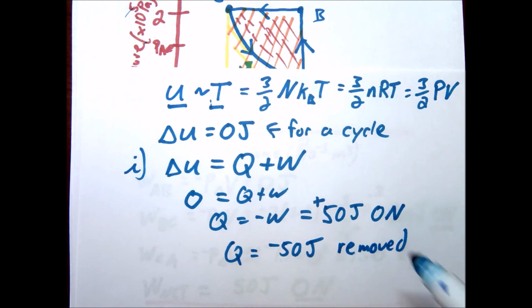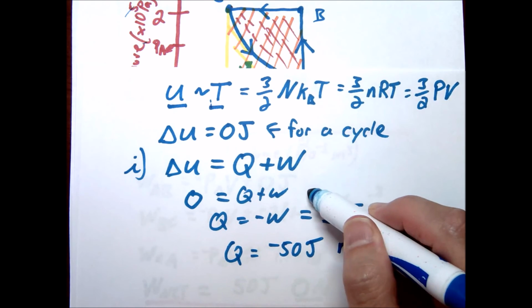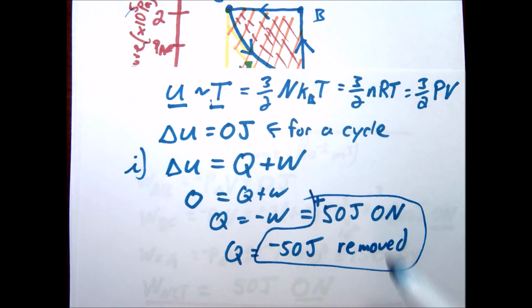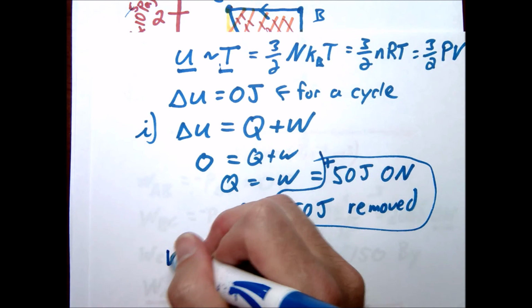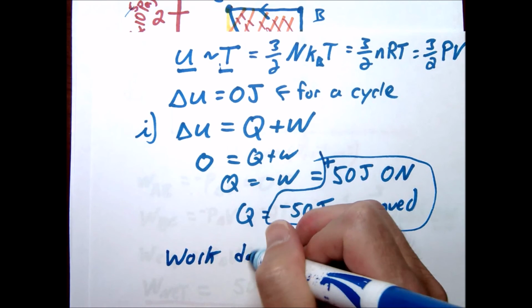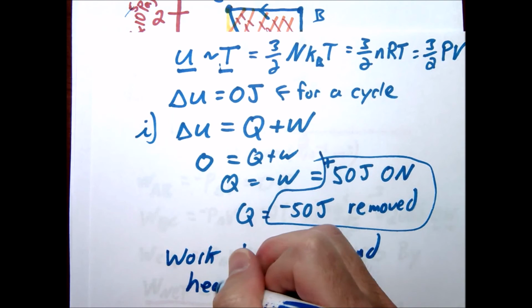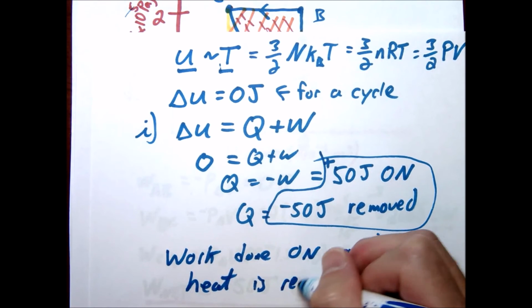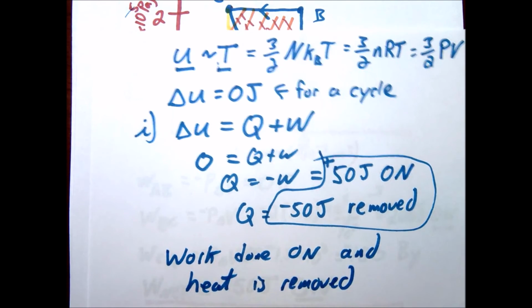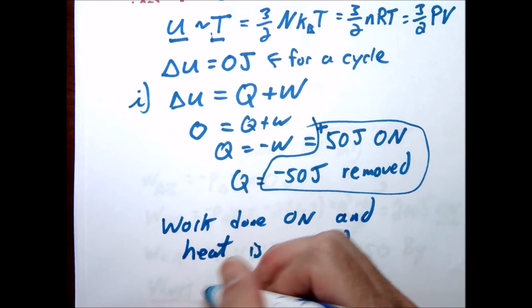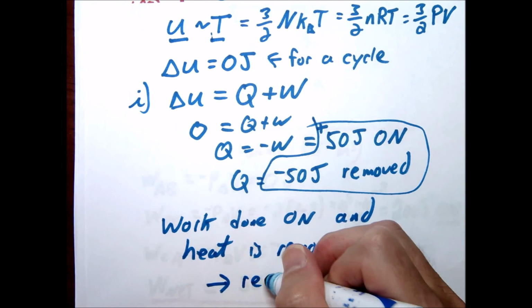So this actually has a name when we have something done on the system and removing heat. So let's go and label this. When work is done on the system and heat is removed, this has a name, this device. And actually, you all have these in your house. This is what's called a refrigerator.